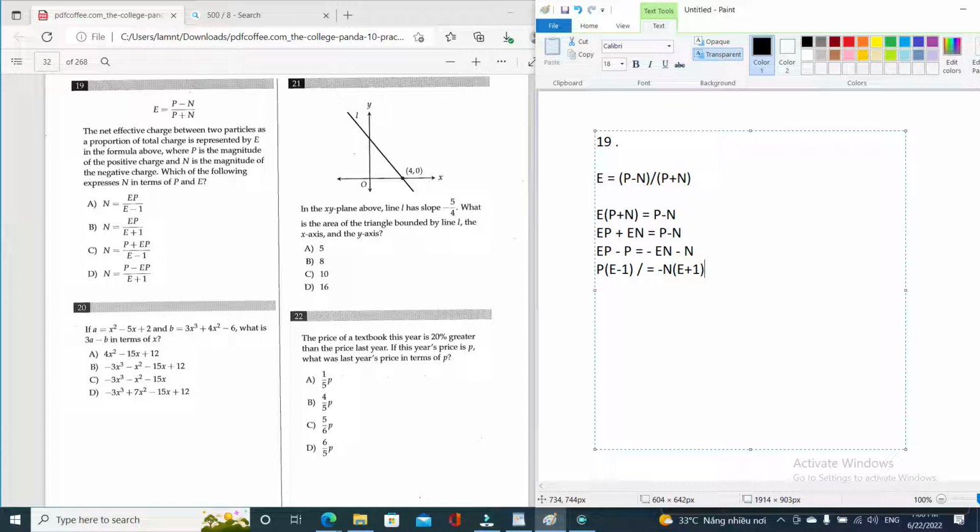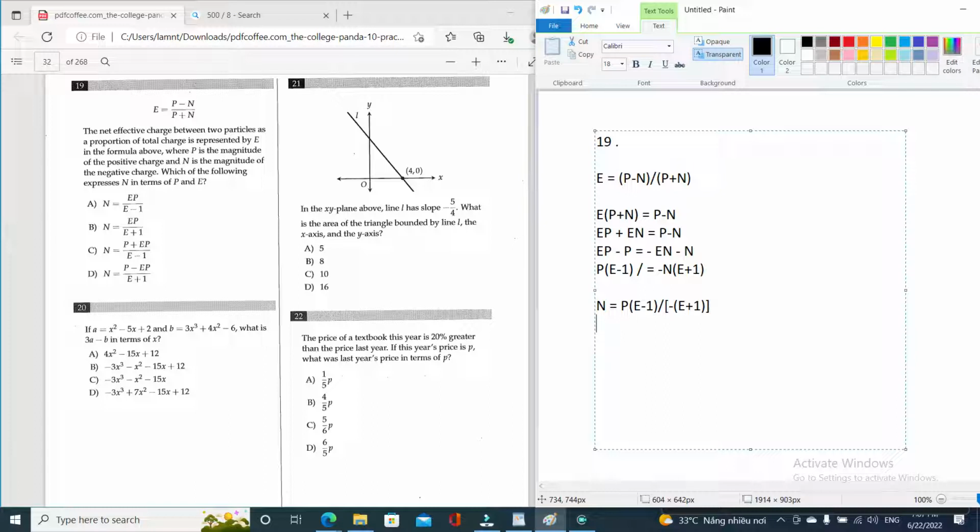So therefore n is going to be equal to minus P times E minus 1 over E plus 1.